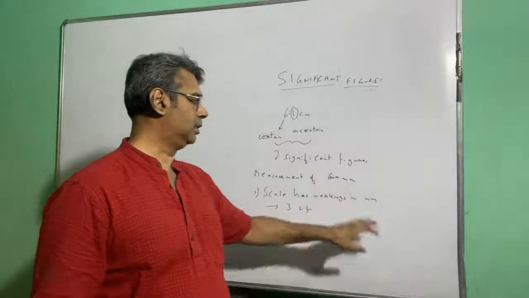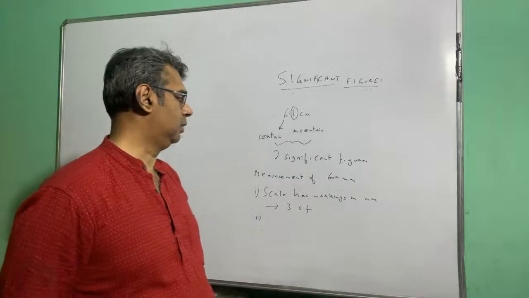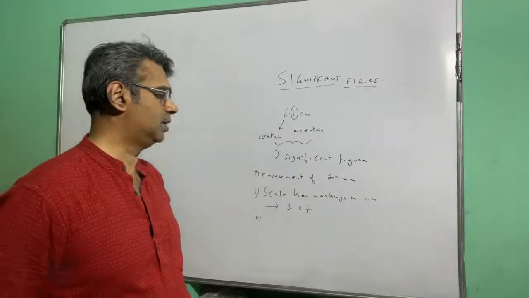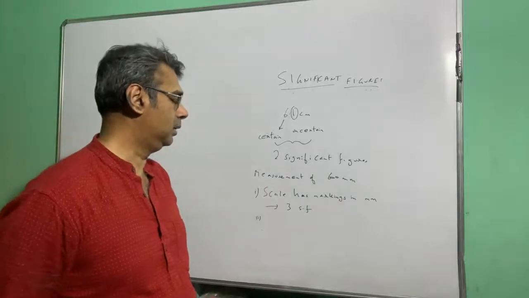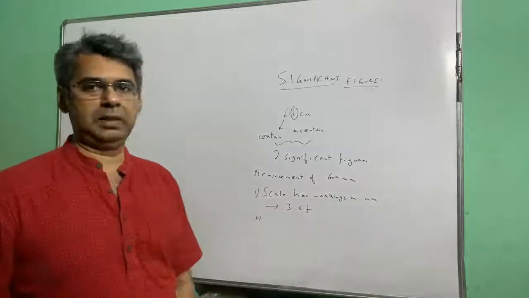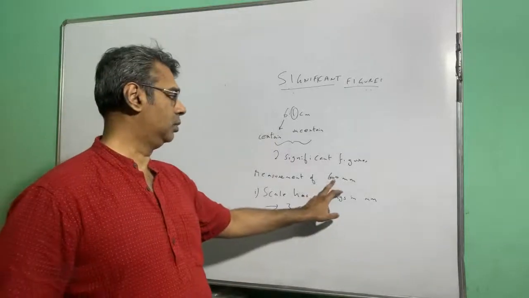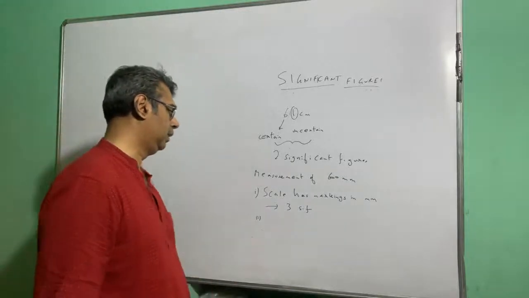Suppose you want to measure something which is 600 millimeters in length. So your scale has marking in millimeter. So 600 millimeters, so 1, 2, 3, all three are significant figures, because your scale has marking in millimeter.